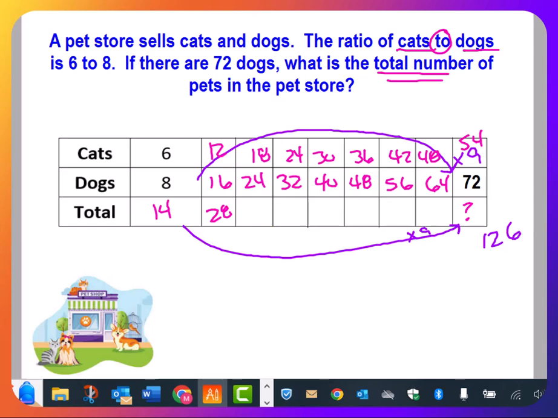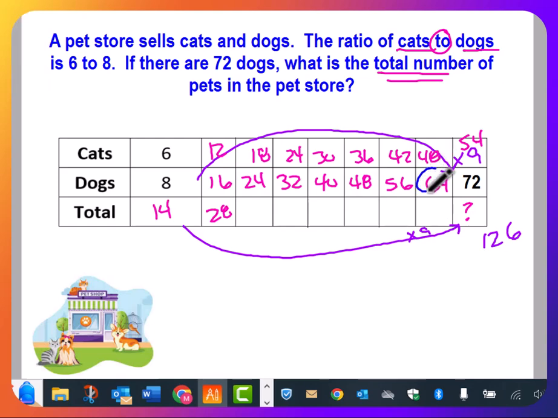Okay, you could have also done this. I'm going to confuse you even more. Change it to blue here. When you're listing your multiples, you could have come up with 2 numbers, 2 of the dogs that you could add together, 2 amounts to make 72. What 2 numbers do you think you could add together to make the 72?